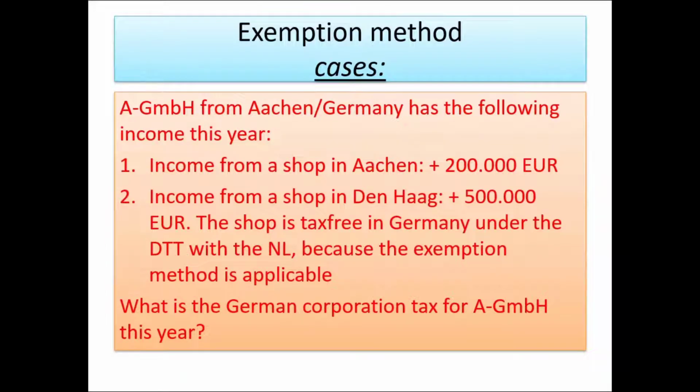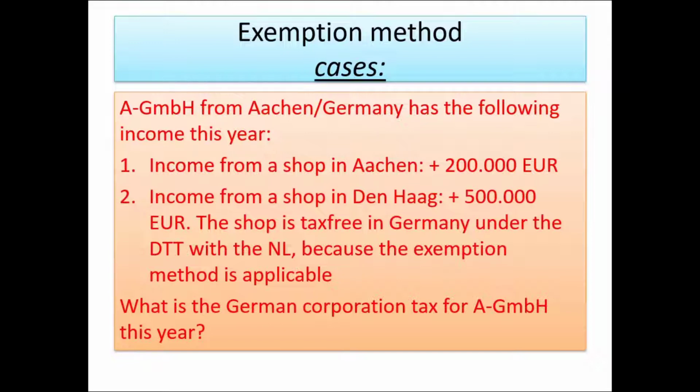Okay, let's begin with the first simple case. Here is a GmbH from Aachen in Germany, and that has the following income this year. A has income from a shop in Aachen, that was 200,000 euro, and income from a shop in Den Haag, Netherlands, that was 500,000 euros.